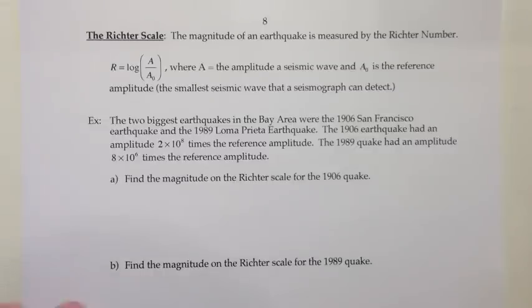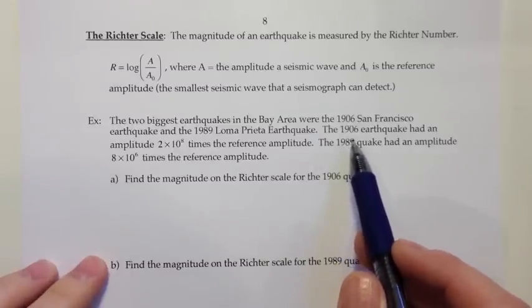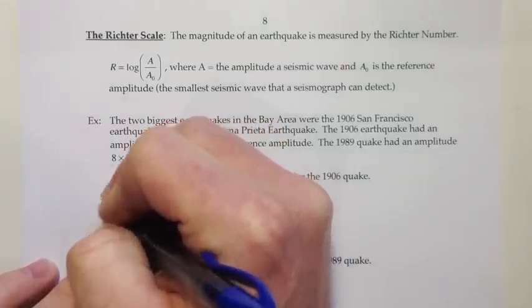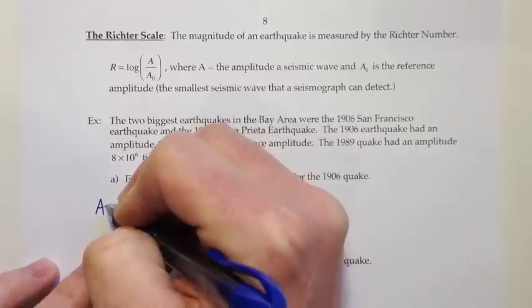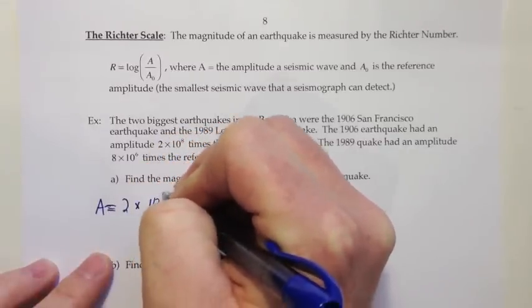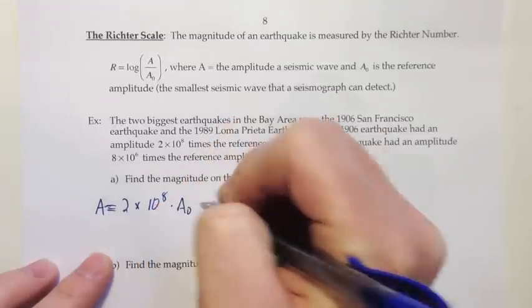1906 quake. So to do that, first I'm going to translate what they said here. The 1906 earthquake had an amplitude that was, here, their amplitude A was equal to 2 times 10 raised to the 8th power times the reference amplitude, so times A0.